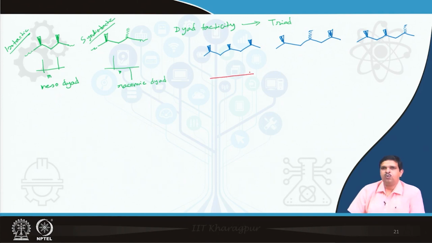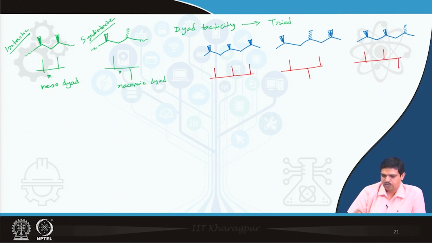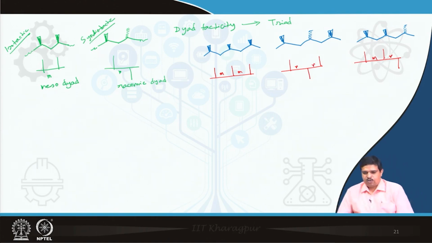First thing, you represent it as a line. So, here, here, here, like that, and here, here, here like that. Okay. So, you can put it as M. This is R, this is R, and this is M, this is R. Okay. Easy.